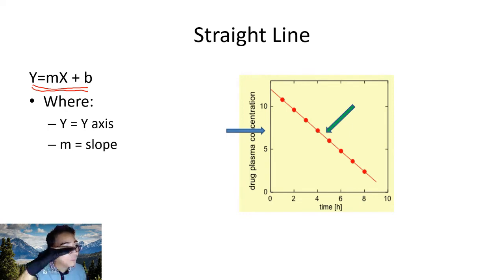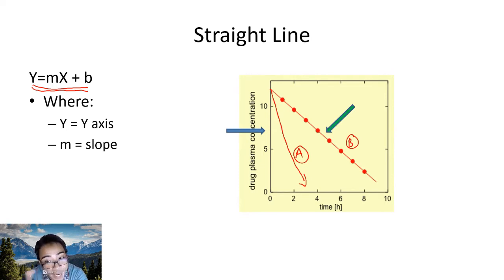Slope, class, would refer to the steepness of a line. So, for example, class, let's take this: A versus B. Which, class, has the steeper slope? Is it A or B? Okay, very good. I think everybody understands this now, right? Slope refers to the steepness of a line.